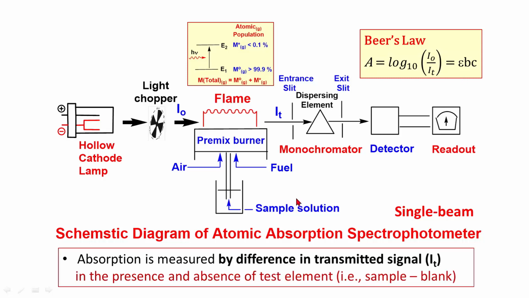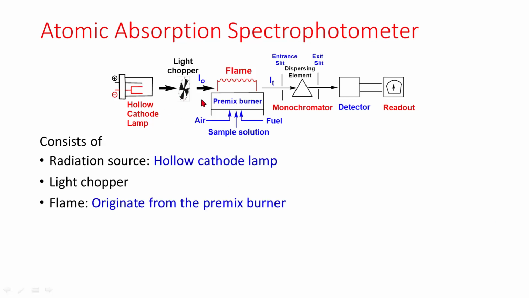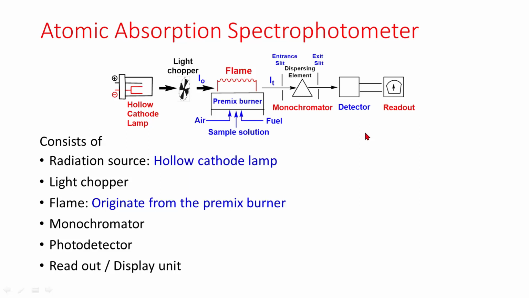Absorbance is measured by difference in transmitted signal in the presence and absence of test element, that is sample minus blank. Atomic absorption spectrophotometer consists of radiation source, which is a hollow cathode lamp, light chopper, flame that originates from the premix burner, monochromator, detector, which is a photomultiplier tube, and readout device.